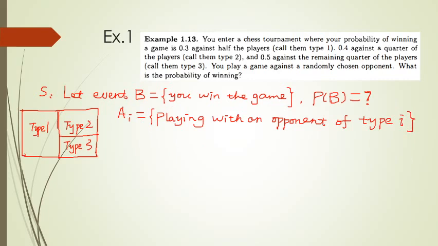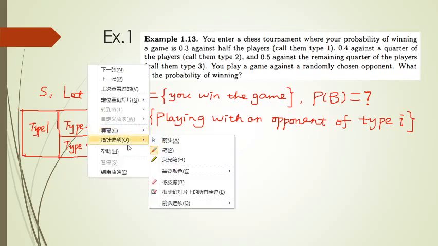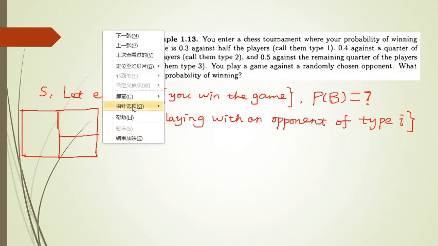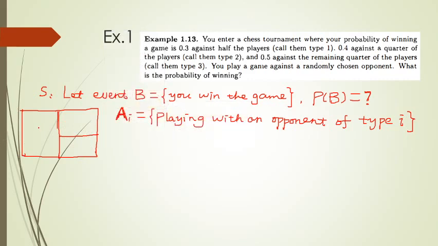So what are the events A1, A2, A3? It's similar to here: you divide your opponents into three types. Type 1, type 2, type 3, right? Type 1, you have 50% of the opponents. Type 2, you have 25%. And type 3, you have also 25%.